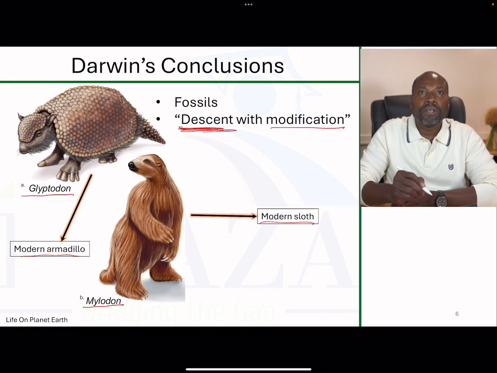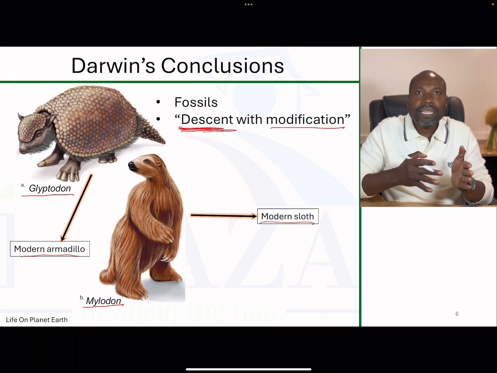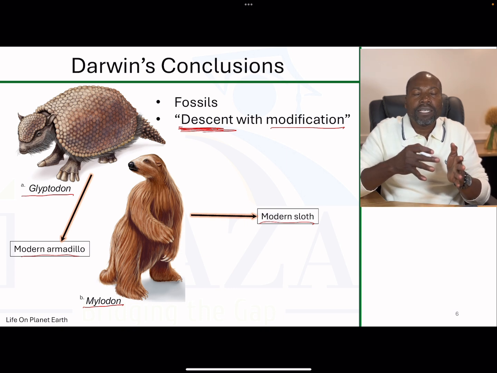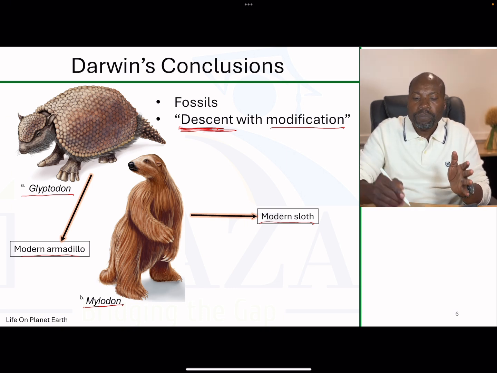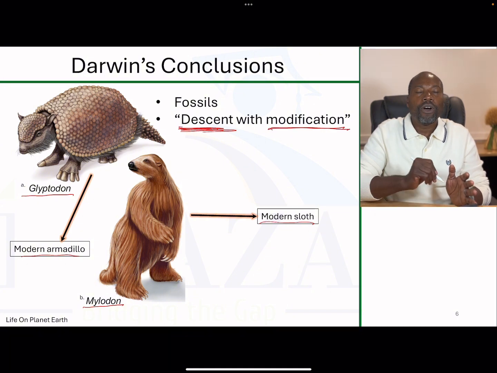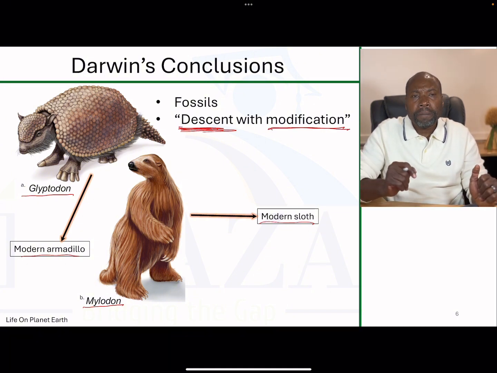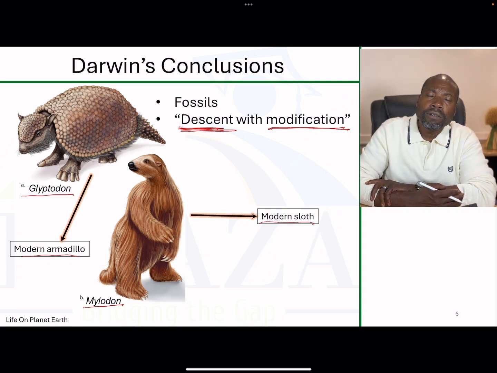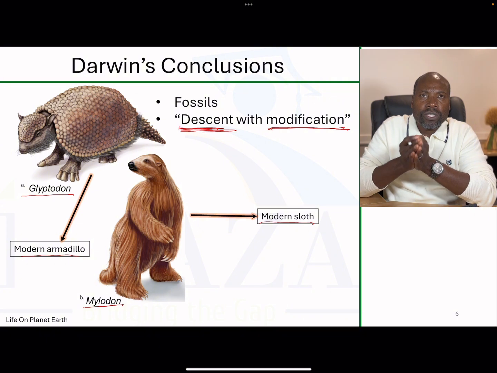Descent with the unity that you had a common ancestor, and that common ancestor underwent a series of changes. And these changes produced a diversity of organisms, so diverse that actually they don't quite fall within the same species as to what we consider species today, right?